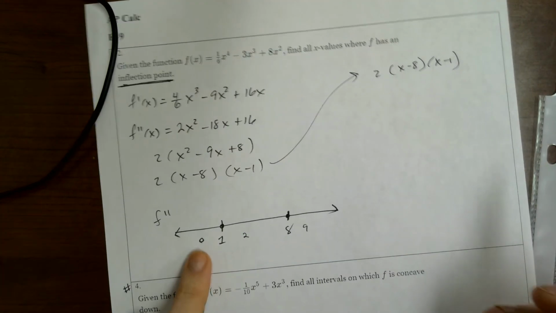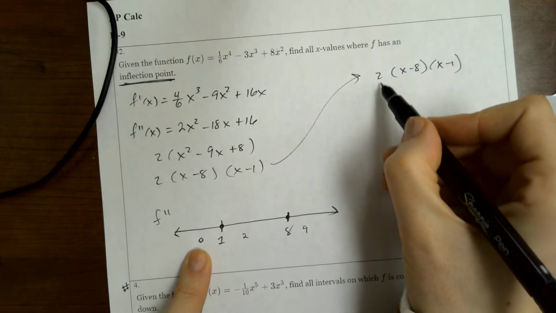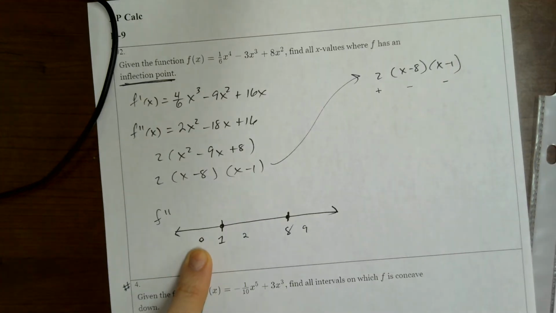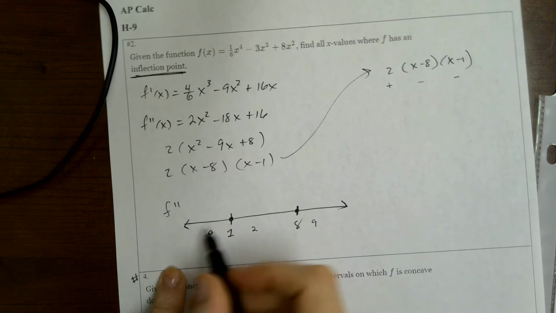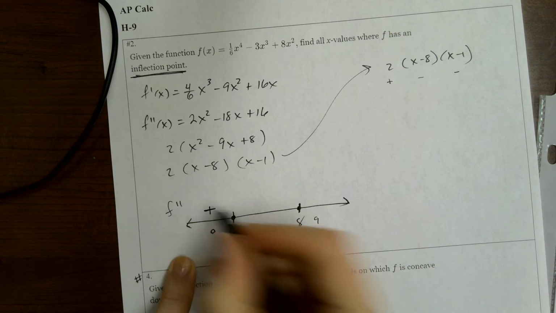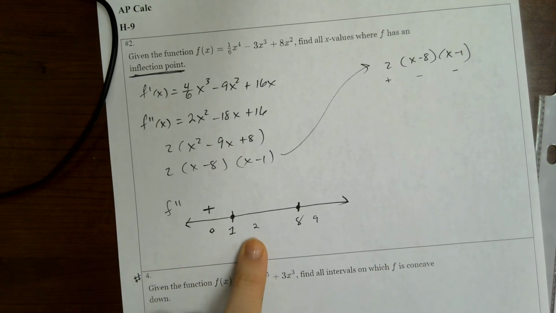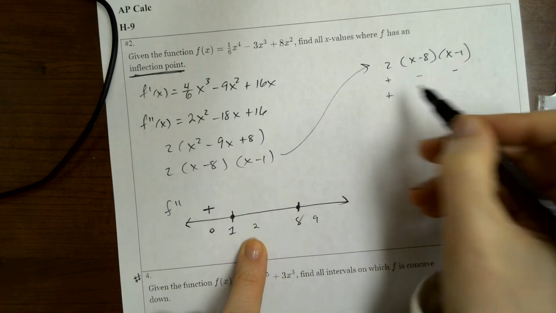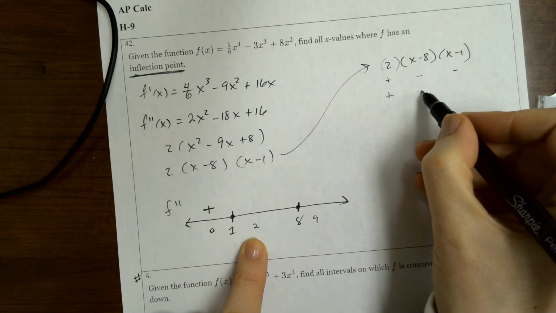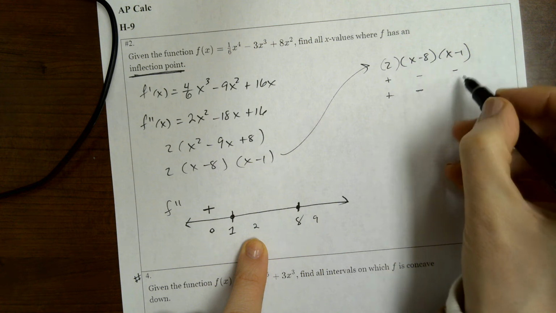All right, so for 0, this is positive, this is negative, that's negative. So that means that this whole interval, any number you plug in there, it's going to give you a positive f double prime. Let's plug in 2. That's always positive. And then this is negative, right?